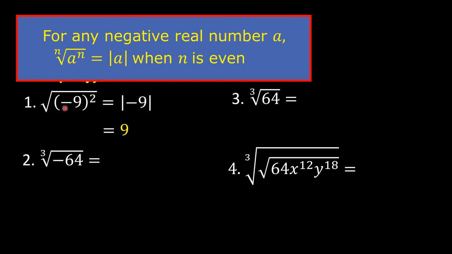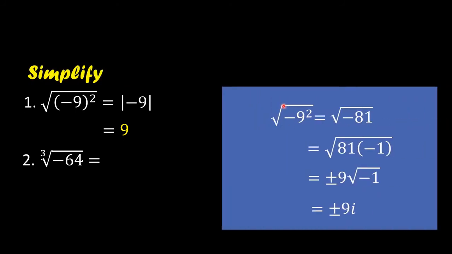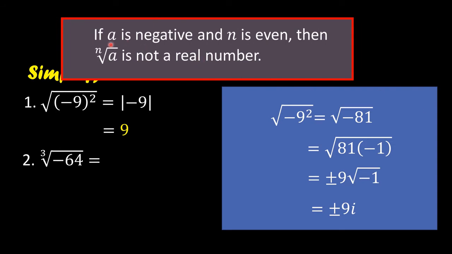The square root of (negative 9) squared is different from the square root of negative 9 squared. The square root of negative 9 squared is equal to the square root of negative 81, which is not a real number. If a is negative and n is even, then the nth root of a is not a real number.